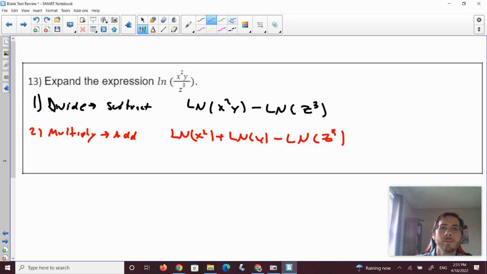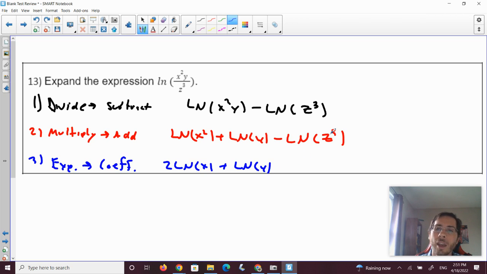And then the last step, when we do these, usually is going to be any exponents are going to become coefficients. So that means this 2 is going to hop out front. So we'll have 2 ln of x. Y doesn't really have an exponent. I mean, it does of 1, but I don't really need to write that. So ln of y. And this cubed for the z, the 3 is going to pop out front. And that's what we got.